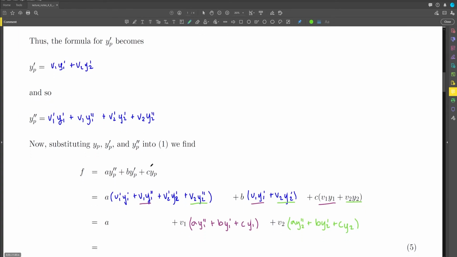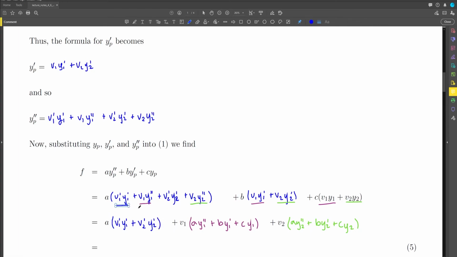Okay, and then let's write down what we're left with. So we are then left with a times v1 prime y1 prime plus v2 prime y2 prime, right?